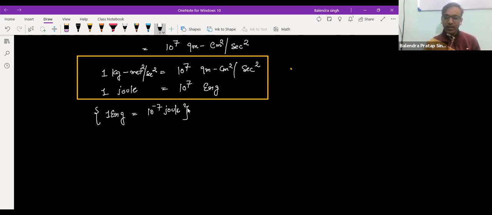In the book there is a complicated method where you have to do a lot of things. You just need to convert kilogram into gram, meter into centimeter. That's it, and you will get your desired result.